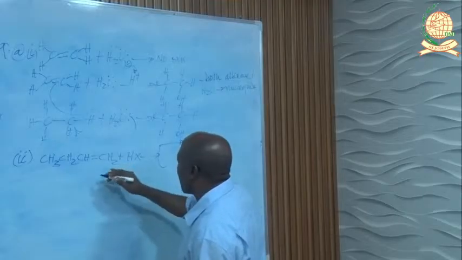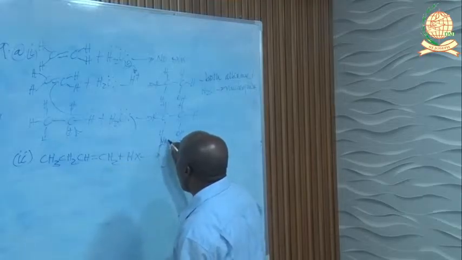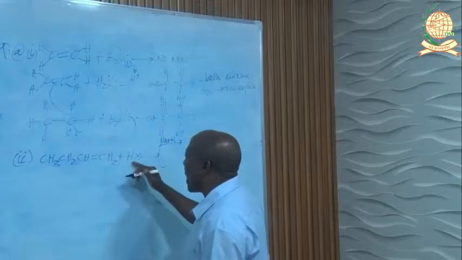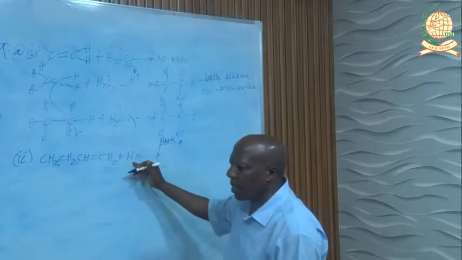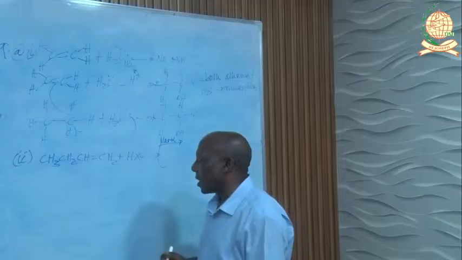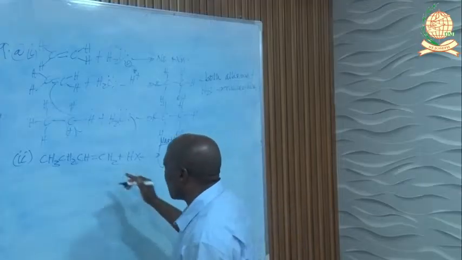The first one, according to Markovnikov's rule, the hydrogen from hydrogen halide will attack the carbon carrying more hydrogen atoms.